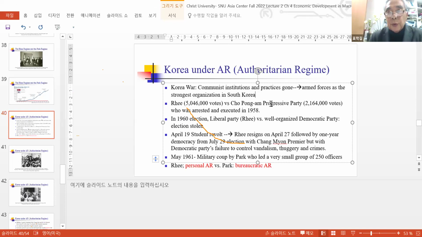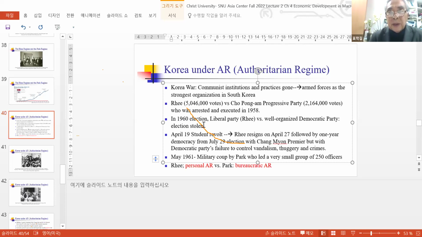Ri versus Cho Bong-am, Progressive Party. But this Cho Bong-am, Progressive Party leader, somewhat socialist-oriented candidate, was arrested and executed in 1958, which shows very authoritarian regime under Ri regime.